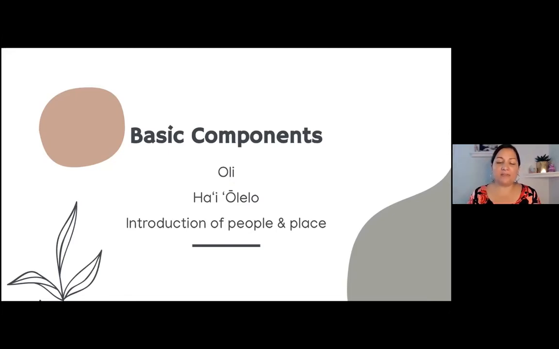Some other things in the Haʻi ʻŌlelo, and this would be an extension of the Haʻi ʻŌlelo now when we talk about introduction of people and place. This becomes an extension of that Haʻi ʻŌlelo. So some of the things that I think is important is to introduce the malihini to our place, to our wahi. So this is where we might use wahipana or storied places.